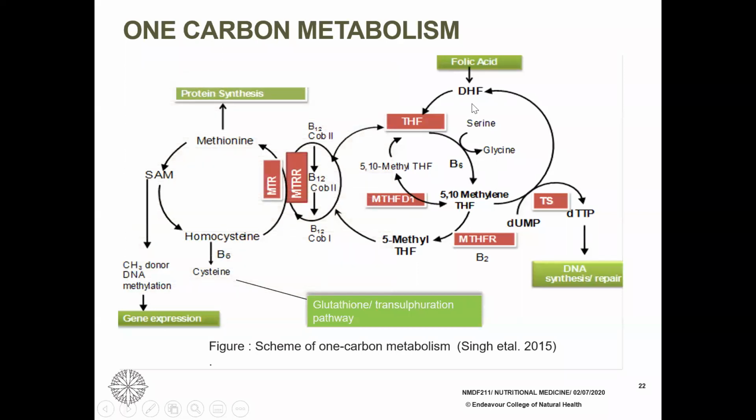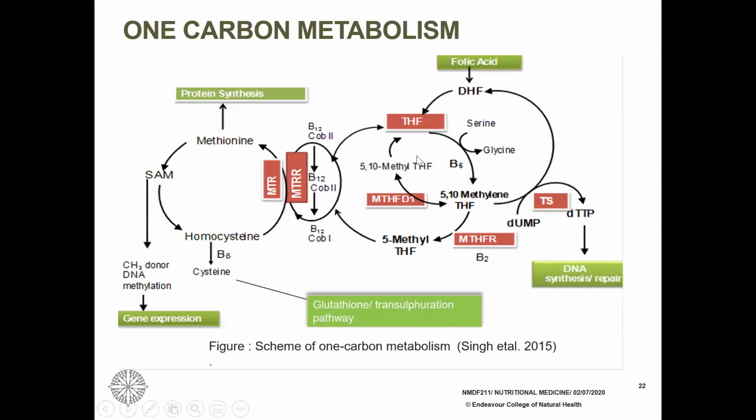And here, where is that extra carbon coming from? It is coming from serine. Okay. Serine itself gets converted to glycine. And in the presence of B6, I make tetrahydrofolate. You might have seen that now we have another form of folate being sold as a supplement, which is called folinic acid.